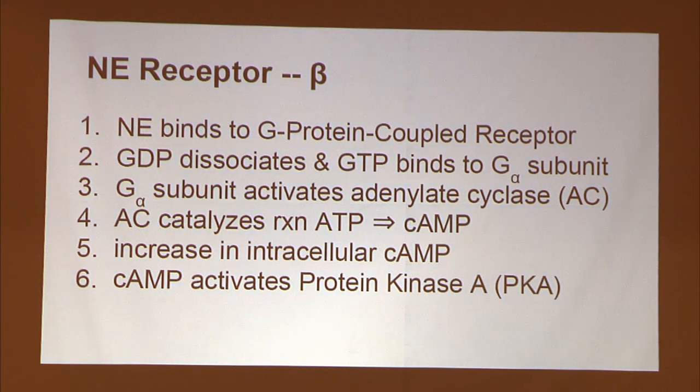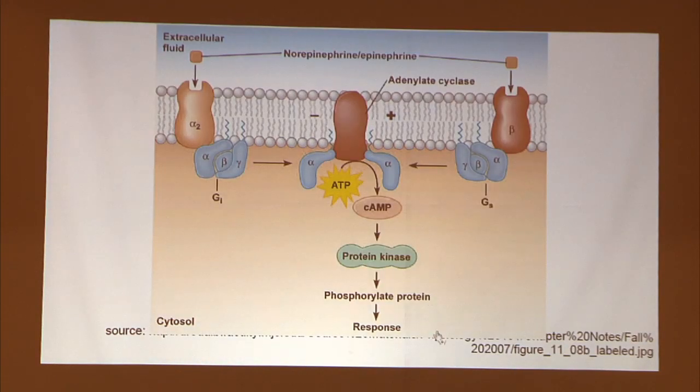The G-alpha subunit is now going to activate adenylate cyclase. Adenylate cyclase is then going to catalyze the reaction of ATP to cyclic AMP, which cyclic AMP is now going to be that second messenger. That increase in cyclic AMP is then going to help activate protein kinase A, which is another kinase, so it's phosphorylating things.